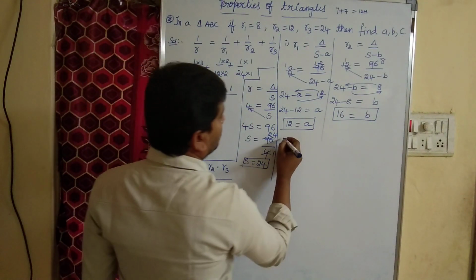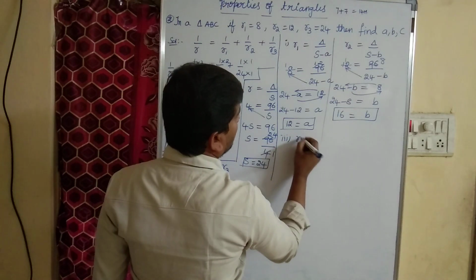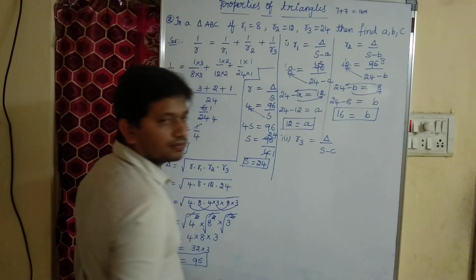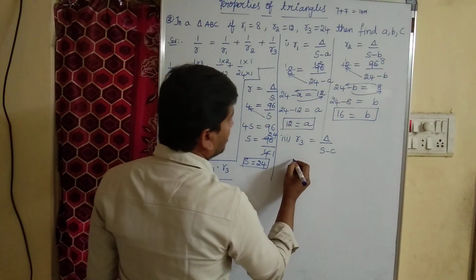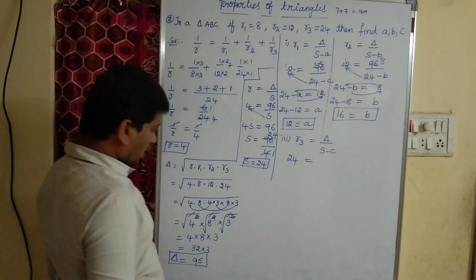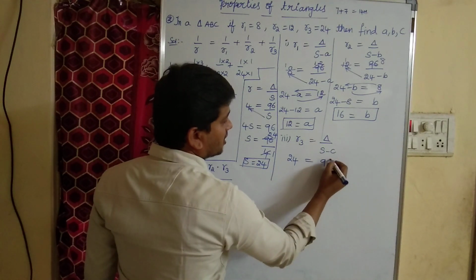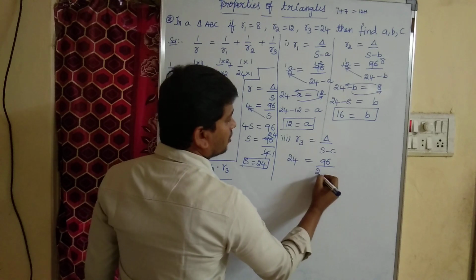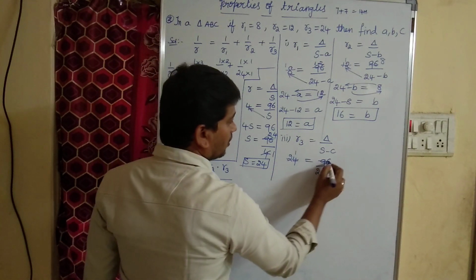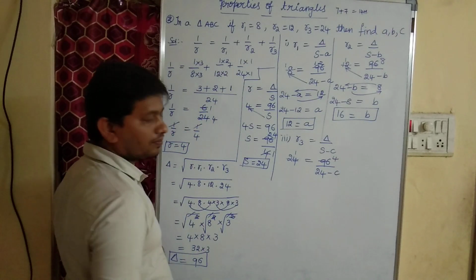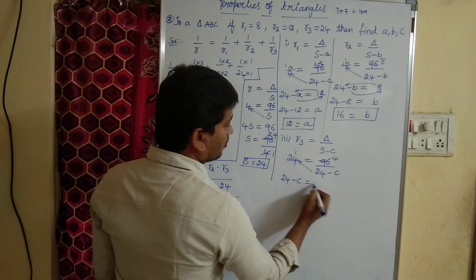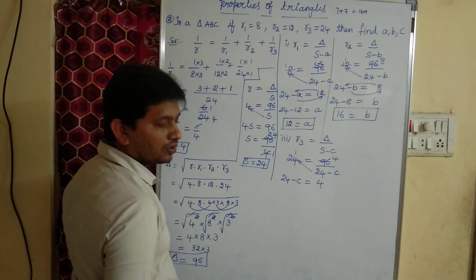Now coming to the C value, we have the formula R3 equal to delta by S minus C. So R3, which is given in the question, is 24, and we got the delta value 96 and S value is 24, minus C. 24 table: 24 4s are 96. Cross multiplication: 1 into 24 minus C, 24 minus C equal to 4.